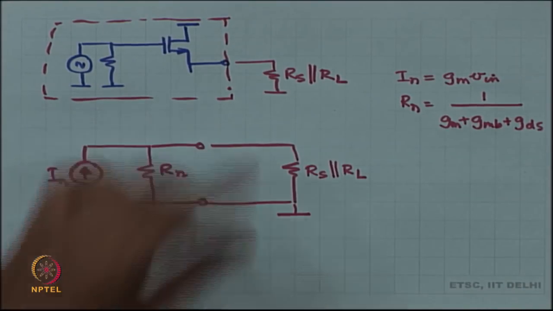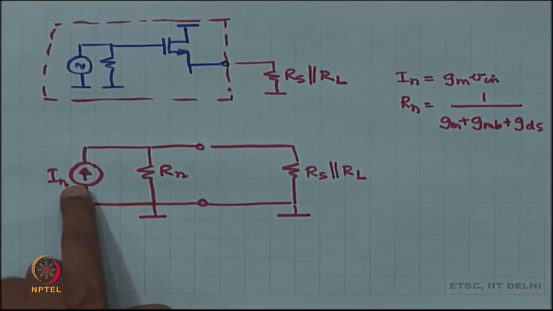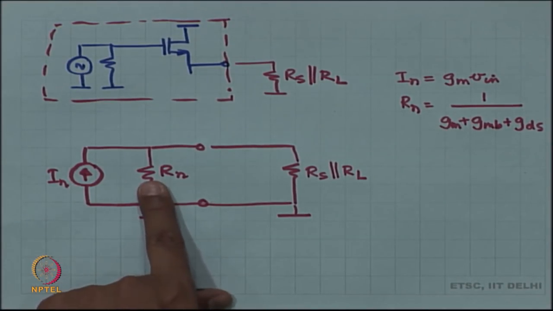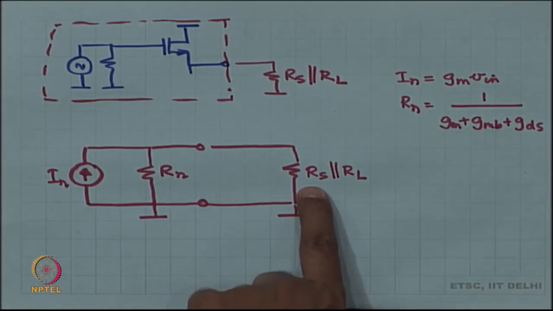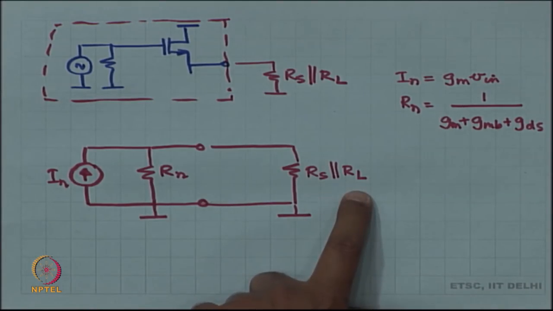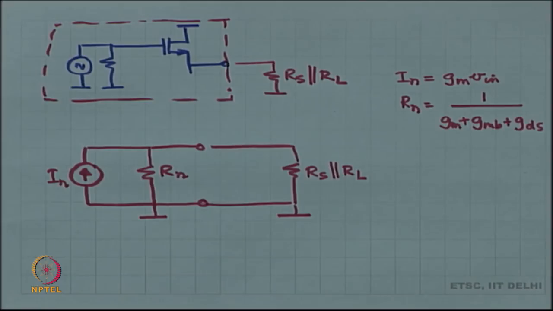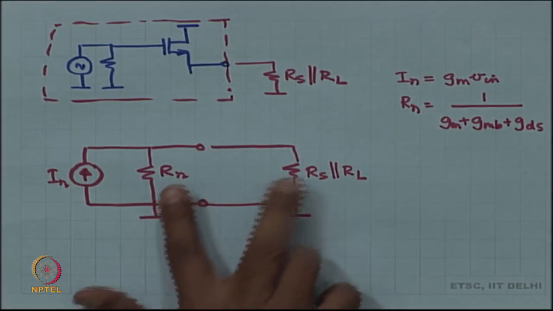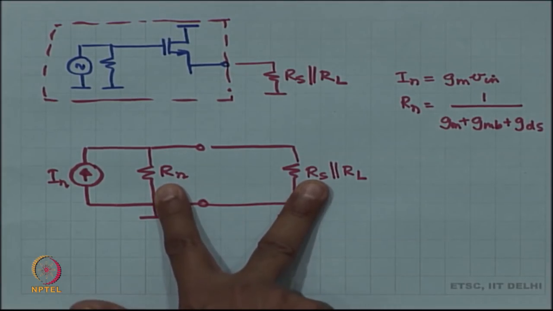And therefore, what is the voltage over here? I have got a current I n in shunt with R n trying to push current into R s parallel R L. This is going to be some current sharing, or you could try combining these two resistors.